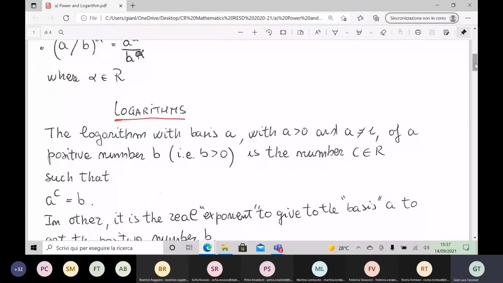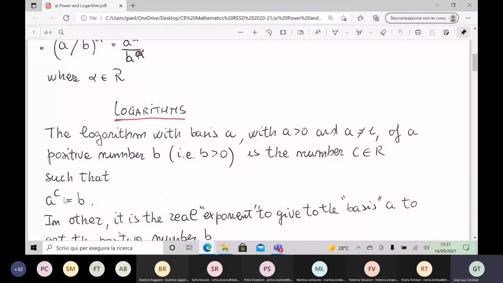So the logarithm, we read the definition together, with basis a, where a must be strictly positive and different from 1, of a positive number b, is the number c, which is a real number, such that a to the power c is equal to b.